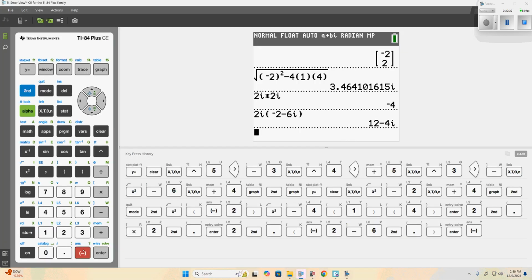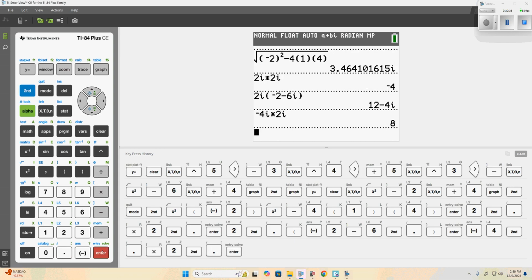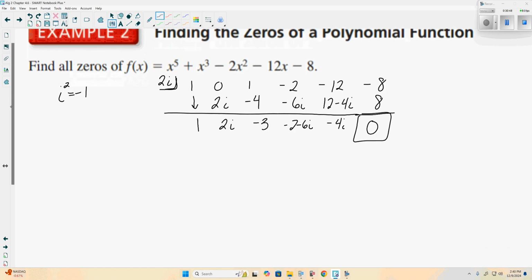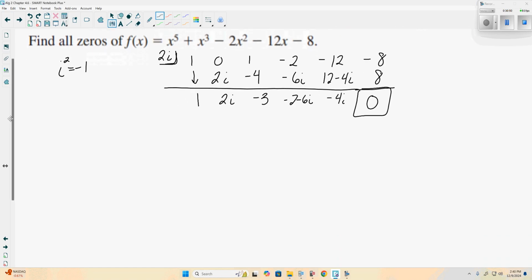And lastly, we have negative 4i times 2i, which is 8, and negative 8 plus 8 is 0. Now, you say, why is that helpful? Because now we've got 2i, 2 minus 6i, and negative 4i as part of our answer, yes?